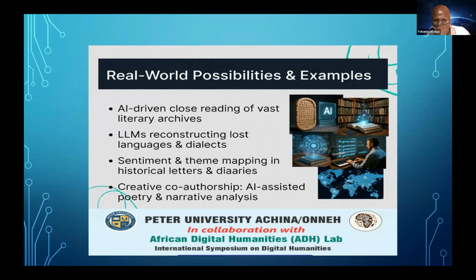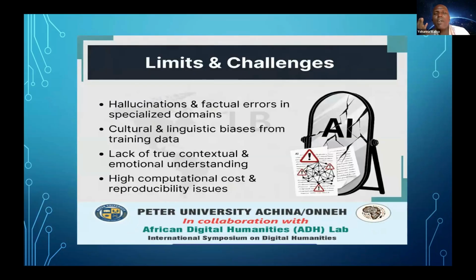What are the limits? These large language models and AI cannot be 100% trusted, because if they are fed with data that are biased or that has some errors, the computer sometimes cannot figure out those errors. So the outputs that we wish to get may contain those errors, and the computer may also hallucinate.